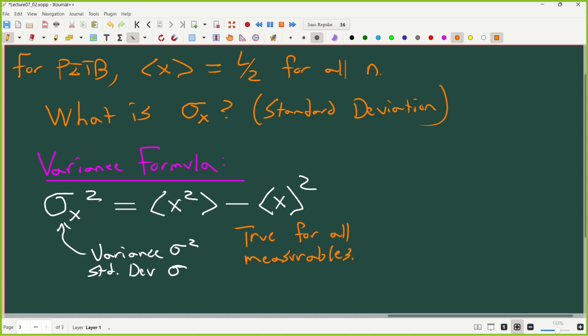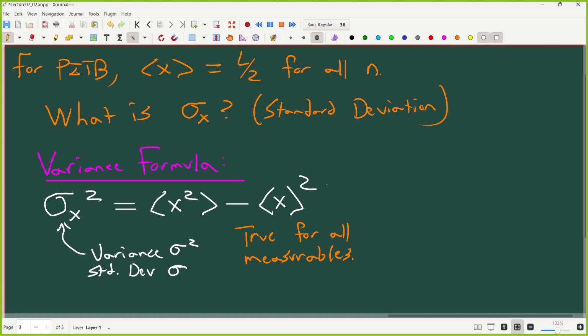I have you go and do this calculation in the problem set. But let's just set it up really quickly to think about it. It's not too hard, and we know how to do this.